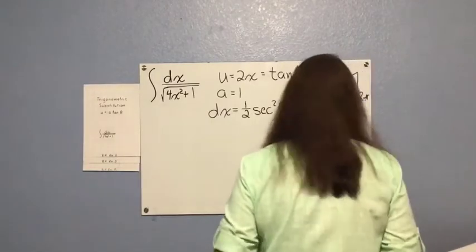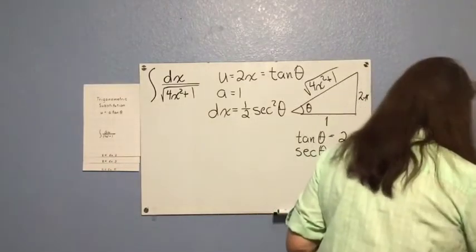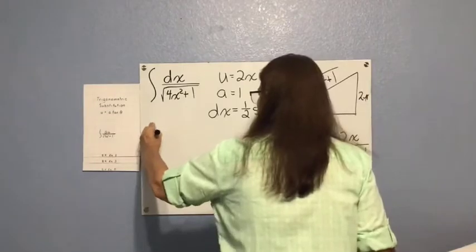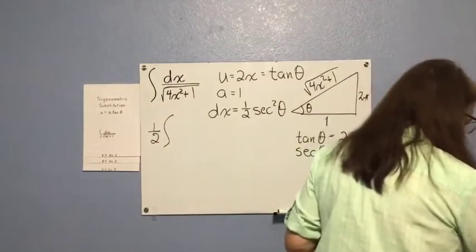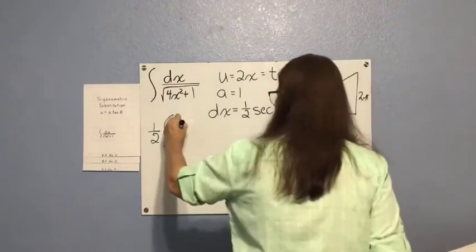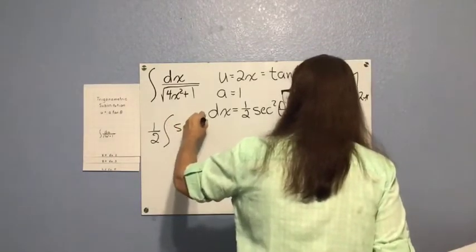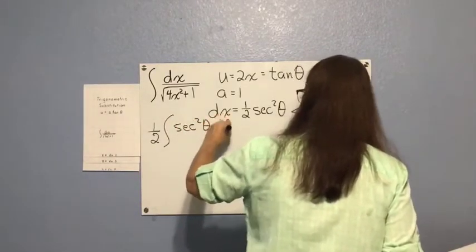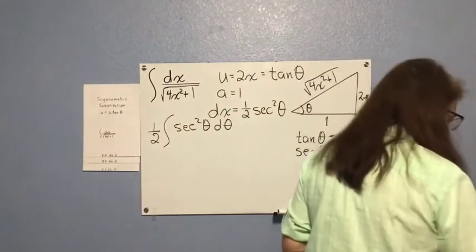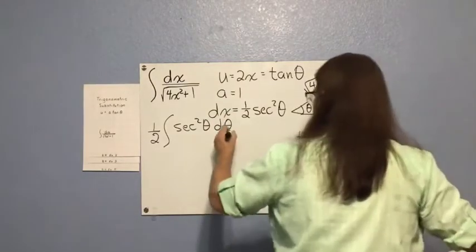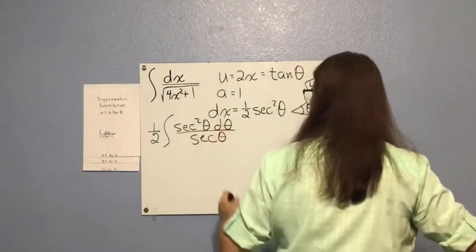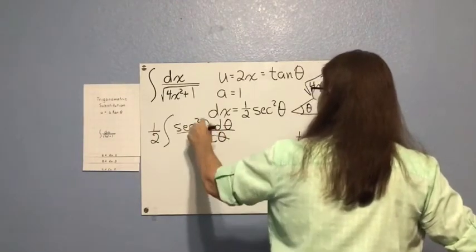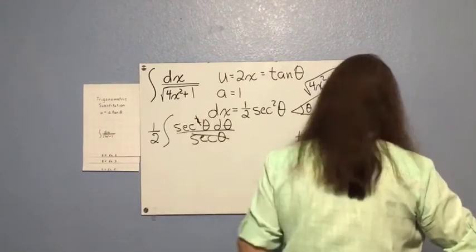Now I'm going to do my trigonometric substitution. 1/2 secant squared theta d theta over secant theta. Well, this secant is going to cancel out with one of these.